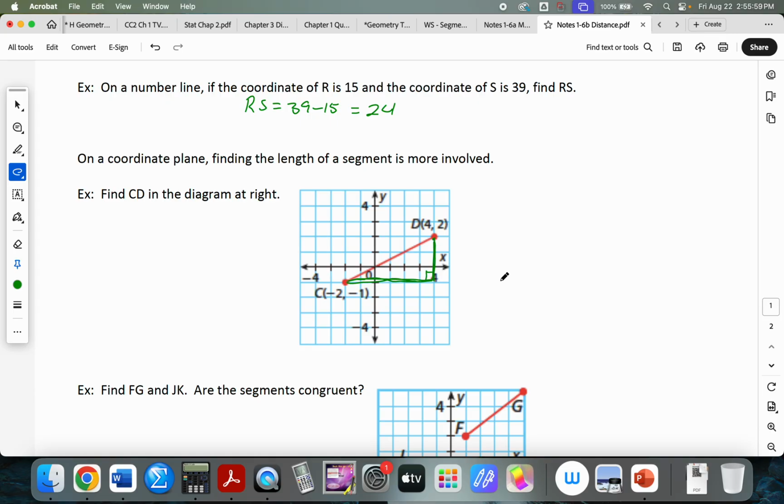And if I have a drawing like this, I'm simply going to count. This is 1, 2, 3. This vertical distance is 3. The horizontal distance going side to side is 1, 2, 3, 4, 5, 6.